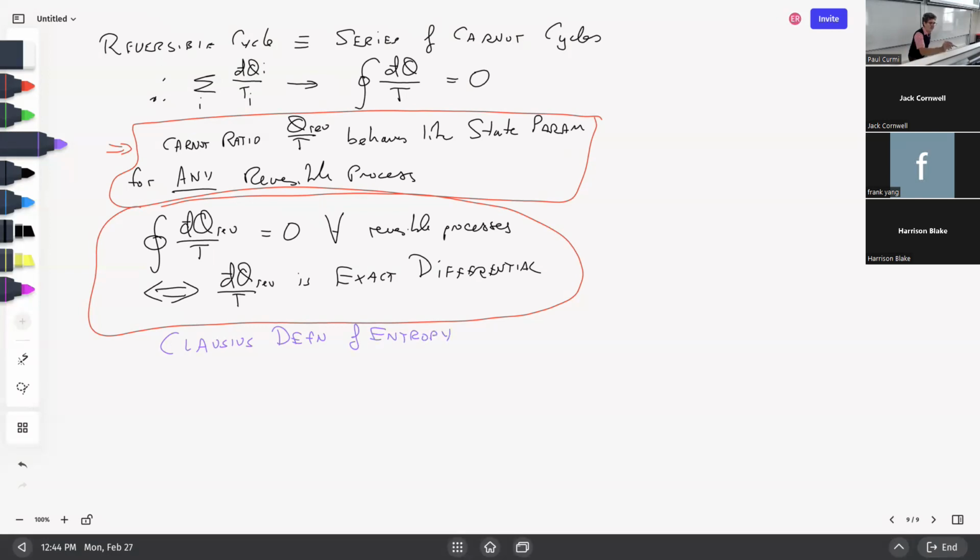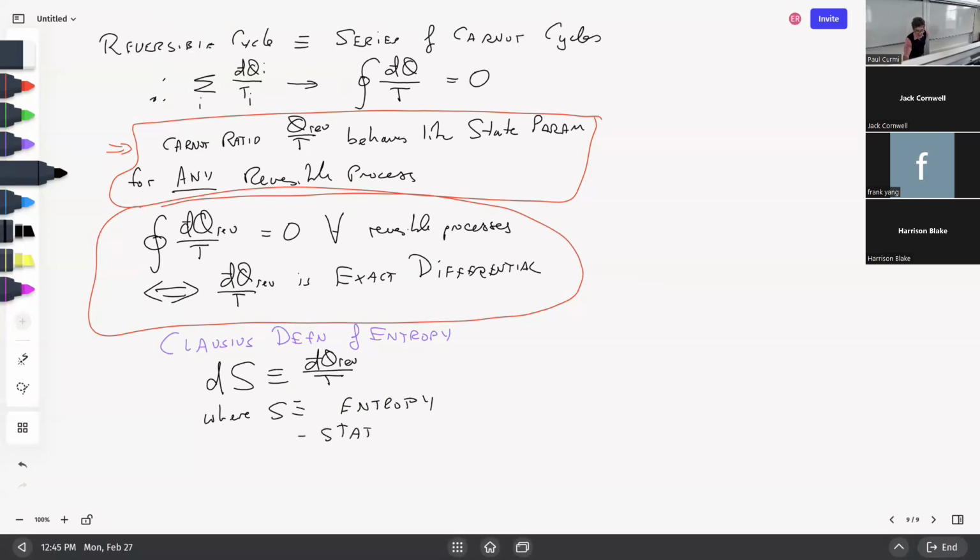Okay, so what Clausius says is that this new thing, entropy, is this exact differential. So it's defined as d bar q reversible on T, where S is entropy, a state parameter, and it's extensive.